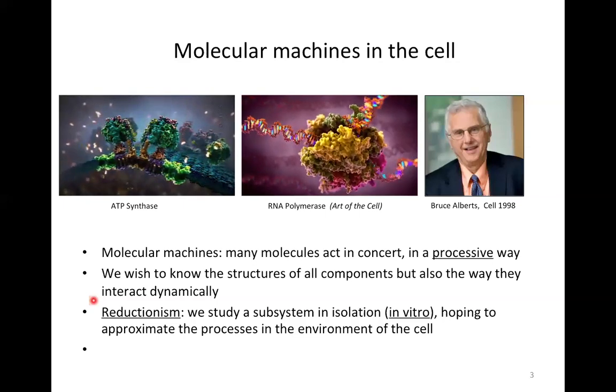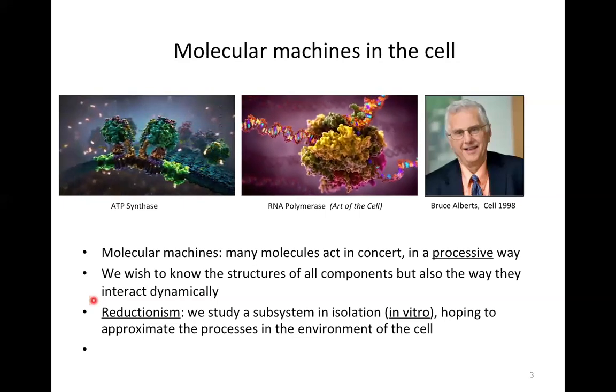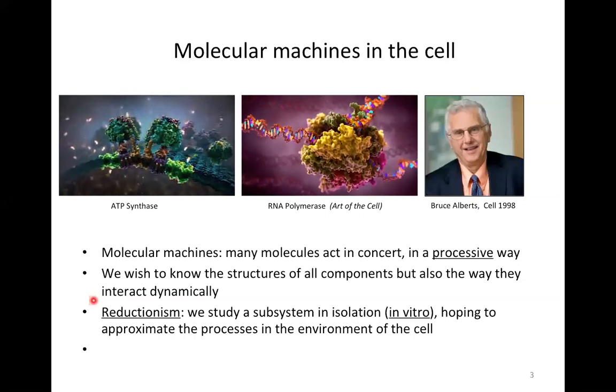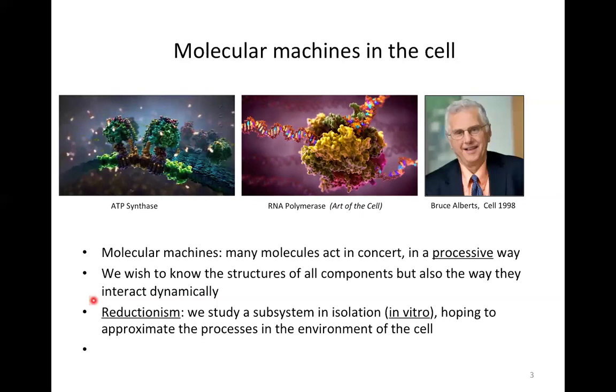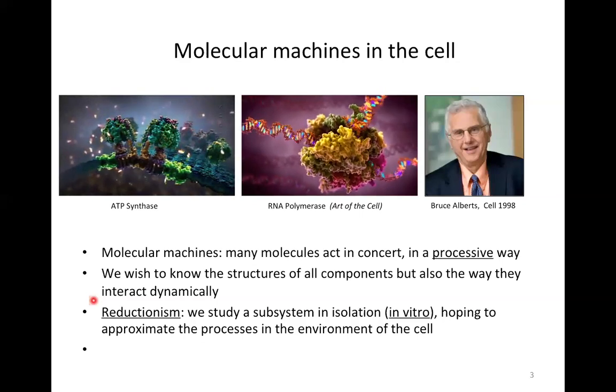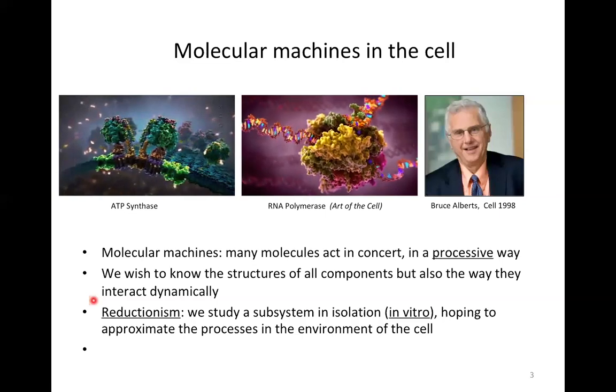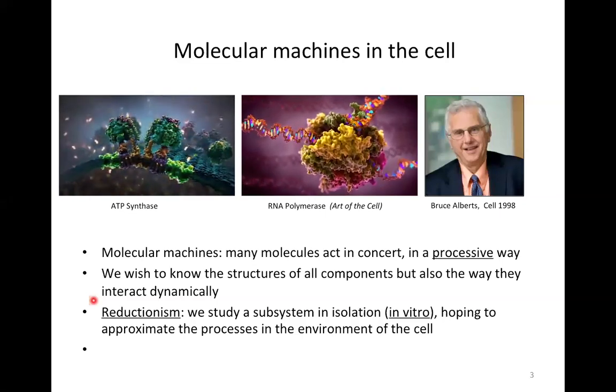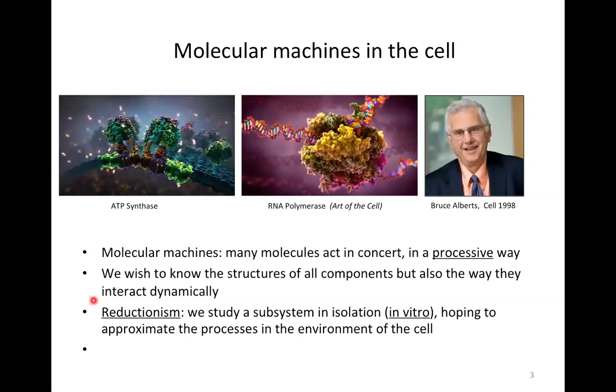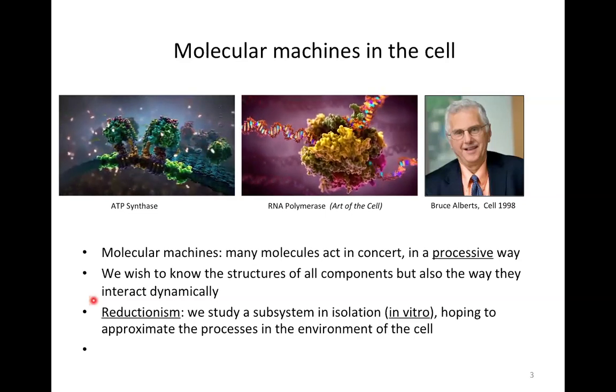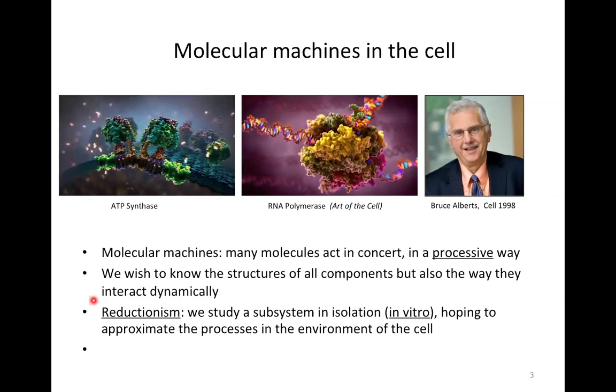Essentially, what he was saying is we have underestimated the cell. It used to be seen as sort of a sac with interacting molecules, but in fact, it is very highly organized. And the first level of organization is the molecular machine.